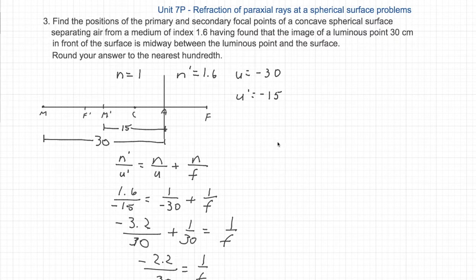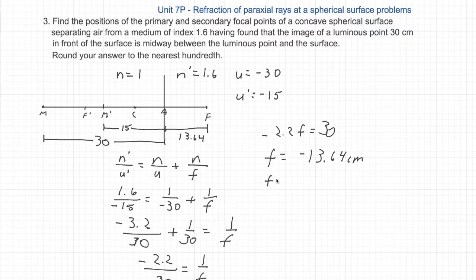That's minus 2.2 over 30 equals 1 over F. Cross multiply. And we find that F equals negative 13.64 centimeters. F, the focal length, is measured from F to A, negative direction.